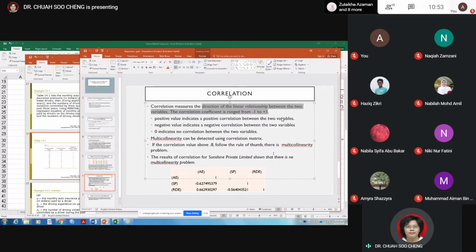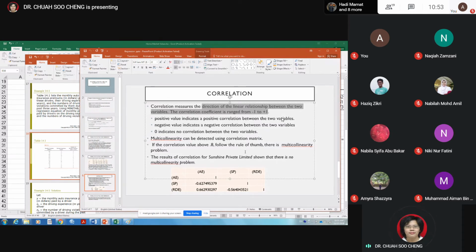The correlation coefficient ranges from -1 to +1. It just tells you whether the relationship between the two variables is negative or positive. It will not tell you whether the relationship is significant or insignificant.